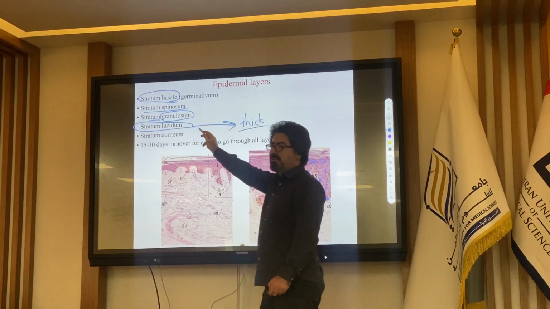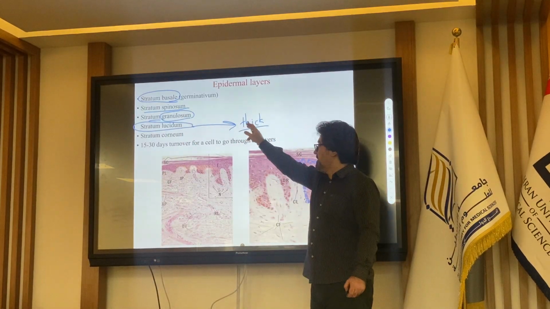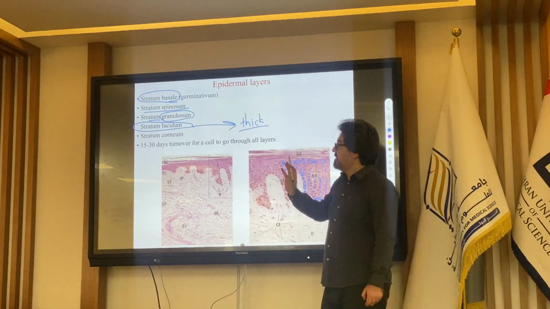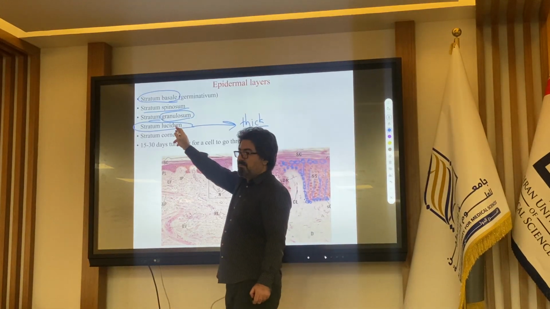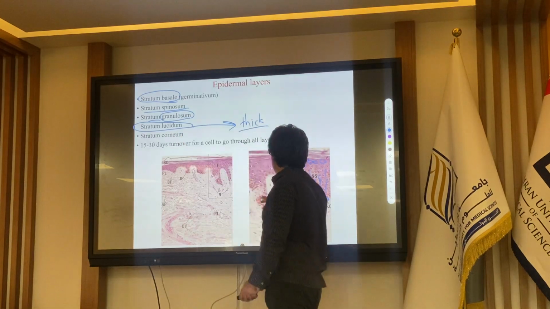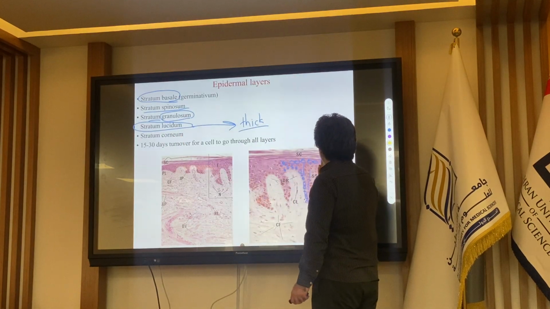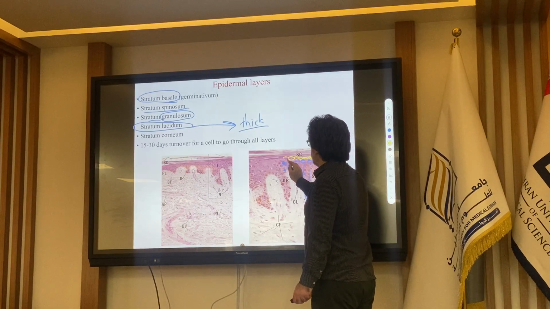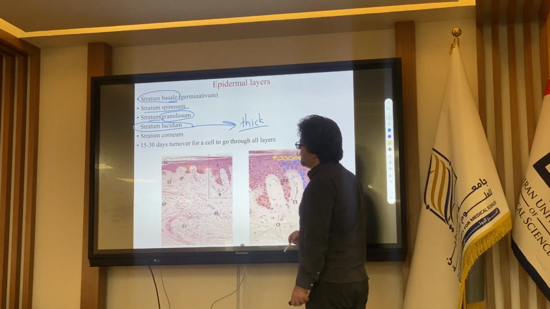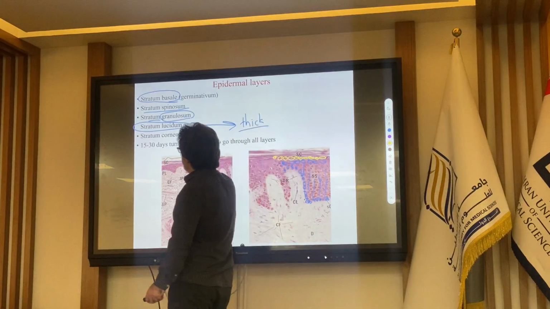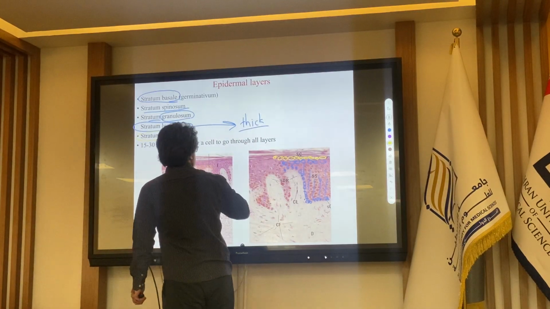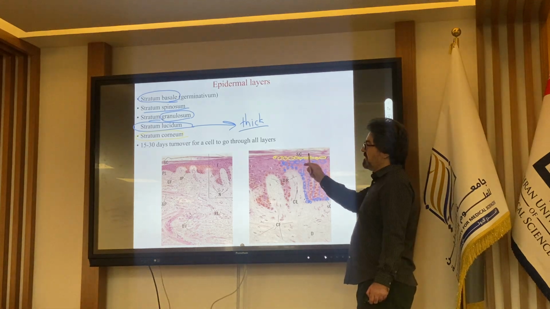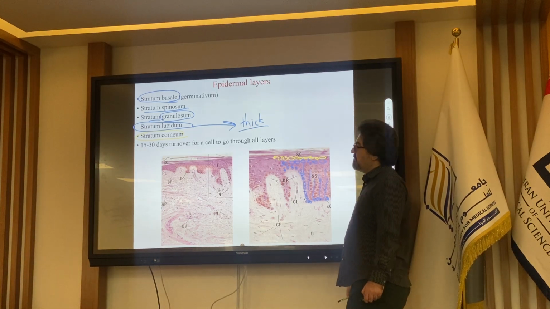This layer can be found only in thick skin, not thin skin. Stratum lucidum. This layer. And finally, the most superficial layer is known as stratum corneum. SC, stratum corneum.